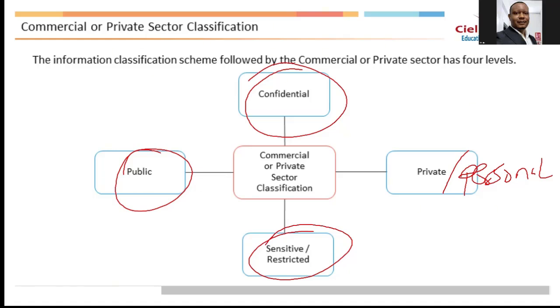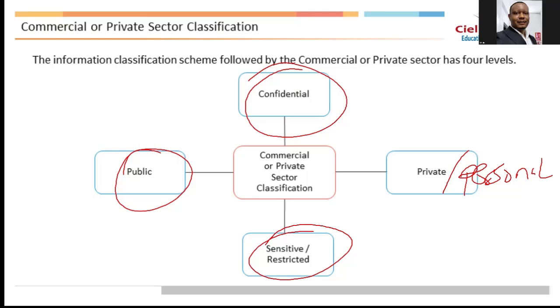Maybe the person will act like he's making inquiries about the product that you offer or sell. And in the course of that inquiry, the person begins to ask you for other sensitive information that is private or sensitive or even confidential. So it is very important that you train your team on how to relate and communicate public information and to also be able to detect when a social engineering attack may be happening.